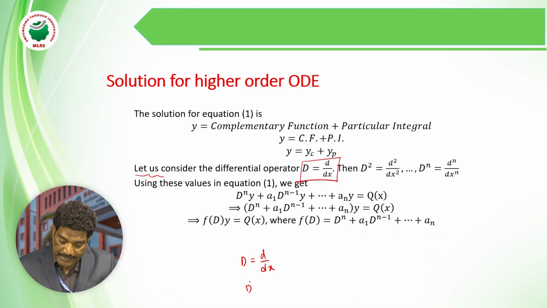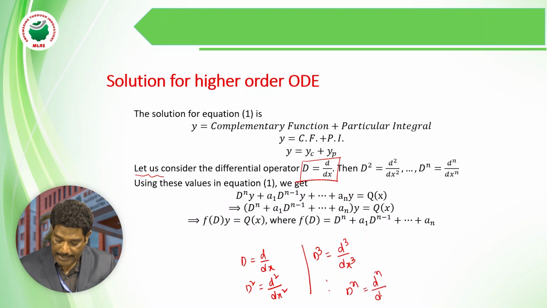Then D square is written as d square by dx square, the second order differential operator. Similarly, D cube means d cube by dx cube, the third order. Continuing, D power n is written as d power n by dx power n, the nth order differential operator.